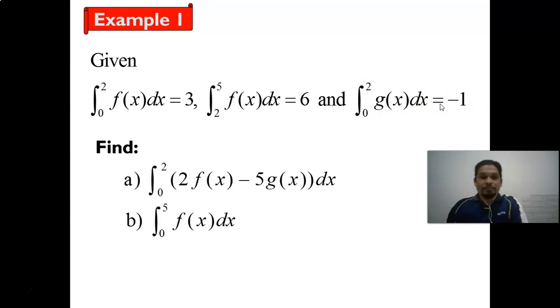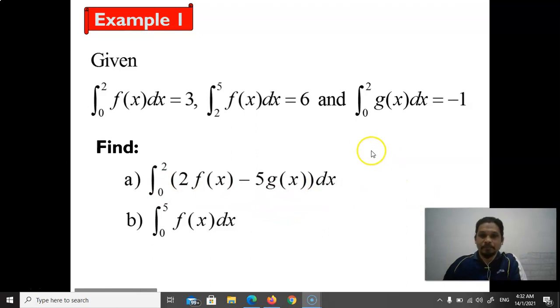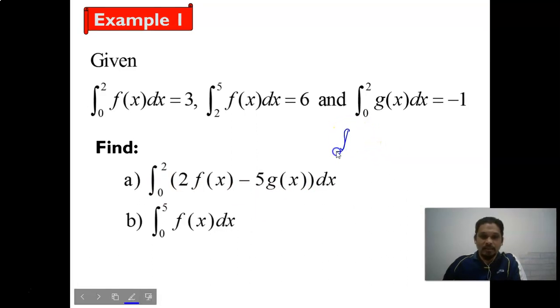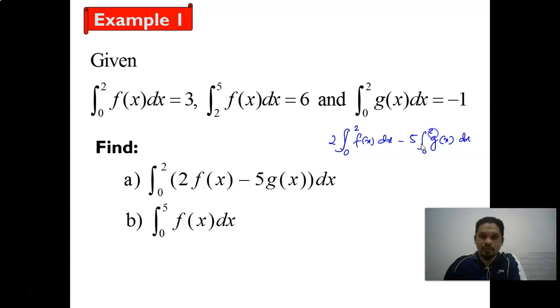Now for this one, it's the integral of 2f(x) dx minus 5 times the integral of g(x) dx, both from 0 up to 2.